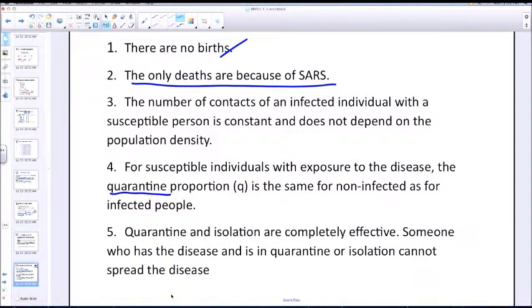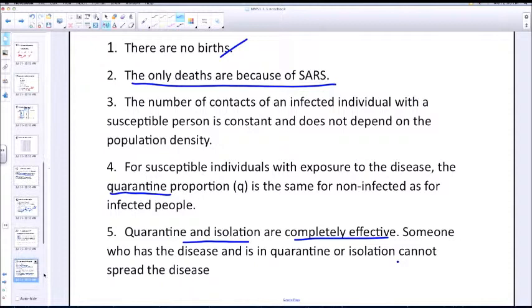And the fifth assumption, we assume the quarantine and isolation is completely effective. So someone who has the disease and is in the quarantine or isolated community cannot spread the disease. That's what you do with the quarantine.